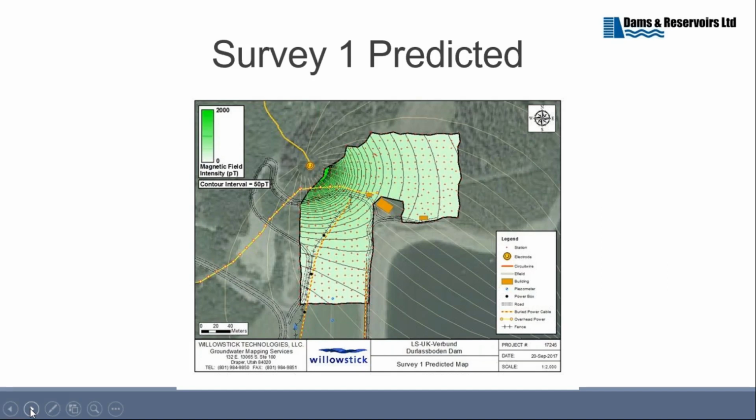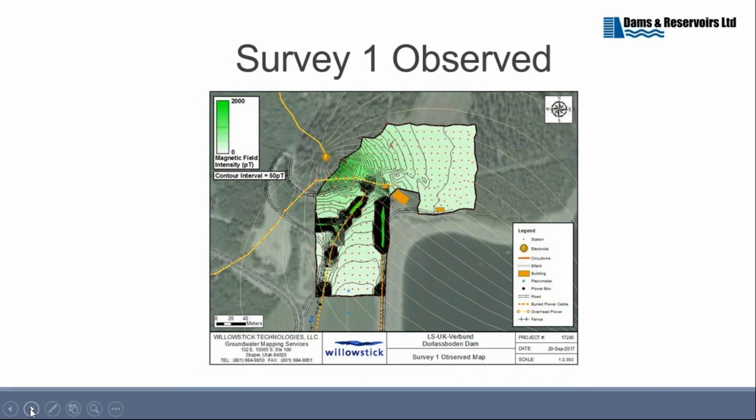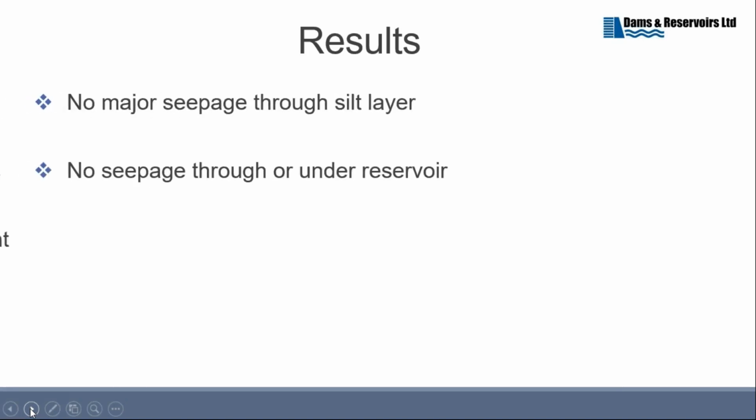So we compare the magnetic field that we would expect to get if there was no disturbance, with no water there, with the magnetic field when we have a disturbance. And so this is what is predicted. No disturbance. You can see concentric circles effectively. This was what was observed, and when you put the two together, you get a different result.